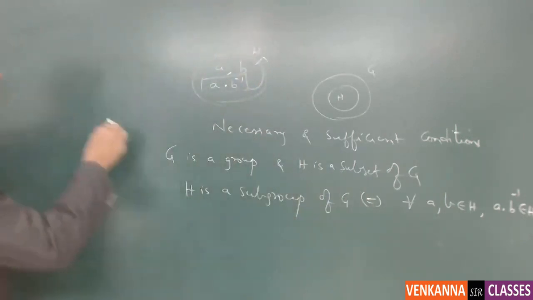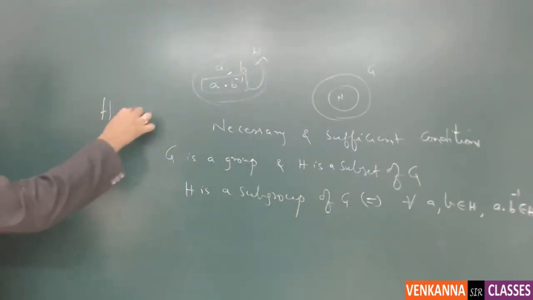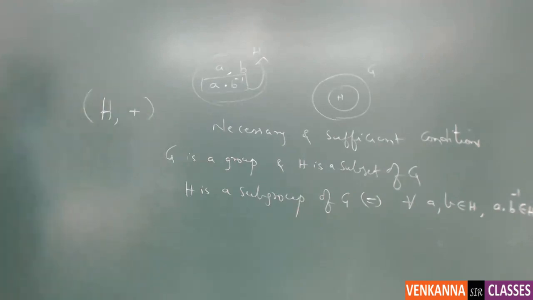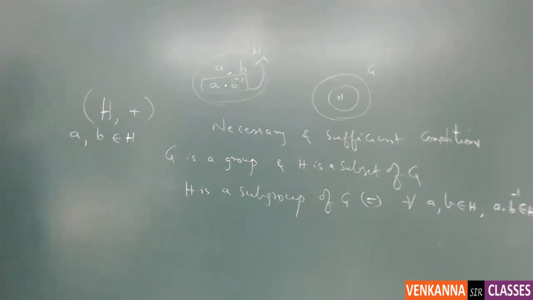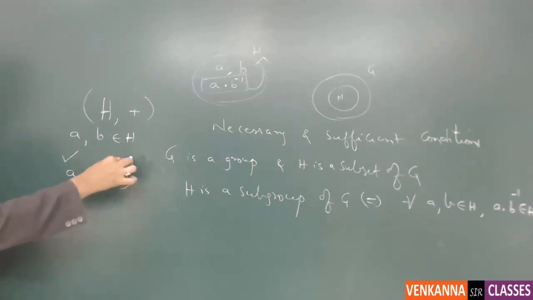Let me say suppose H comma plus you have taken. I have taken two elements A, B belonging to H. So what is meant by that condition? I took the first element as it is. What is the inverse of B with respect to addition? It is nothing but minus B. So this is the first element, this is the second element's inverse.